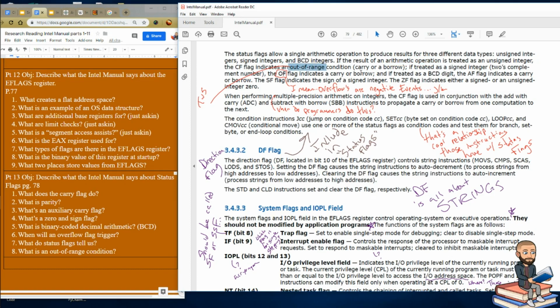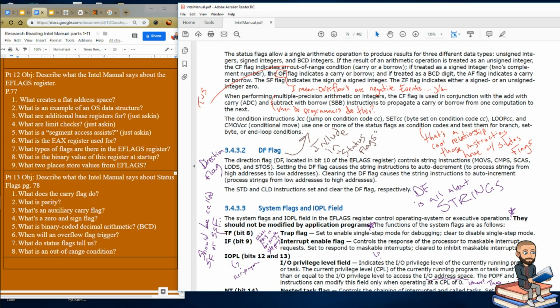Because the carry flag needed to do some carrying or borrowing on a positive number? I'd imagine a simple concept like that would not be called out of range. Out of range has maybe a negative connotation. Unless we're talking about the bit being out of range, so it needed to have been carried to show us a larger number.